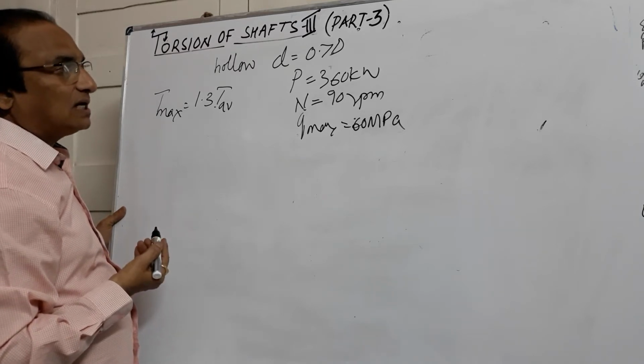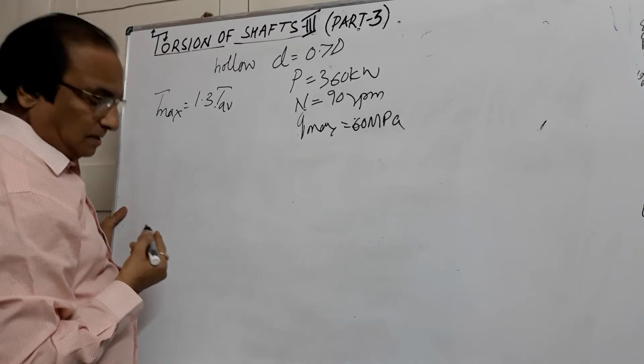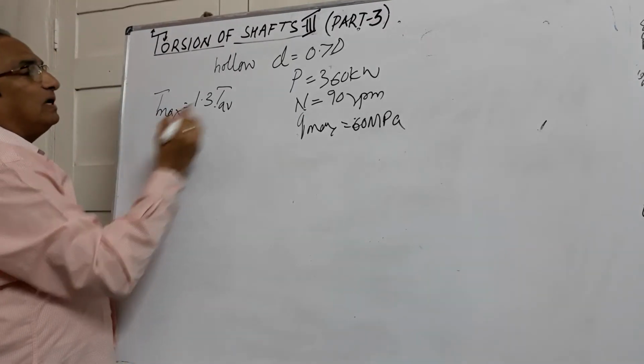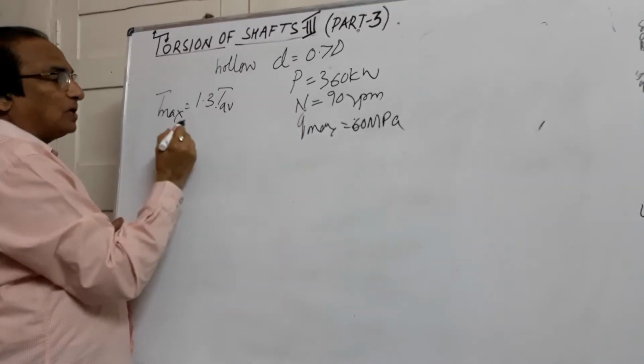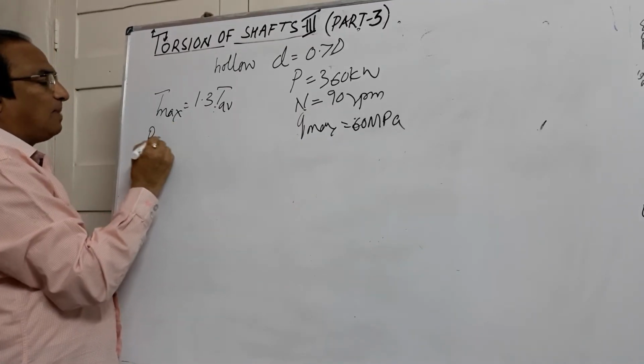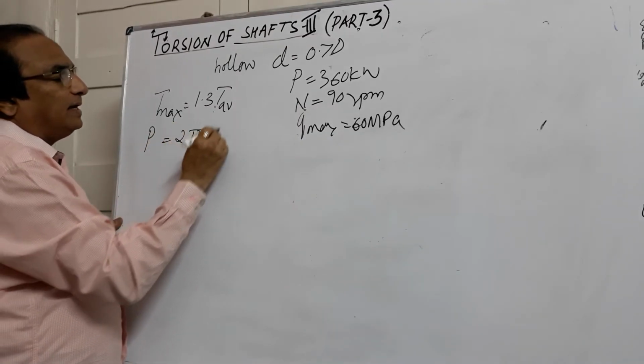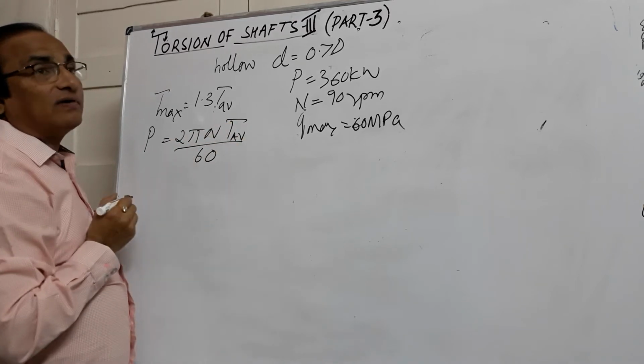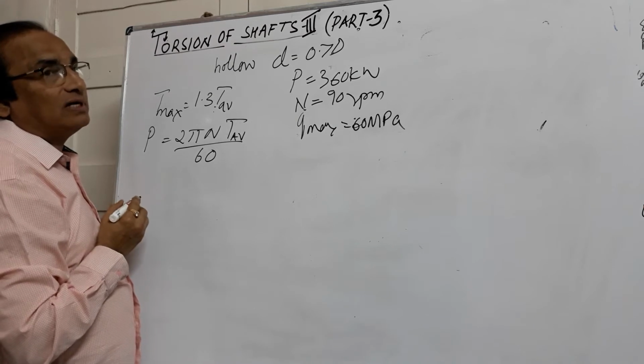So using these data we will determine the diameters of the shaft. So we know whenever power is given to you, you can find out the torque. We know that power is equal to 2 pi NT by 60, and this T is nothing but the average torque.